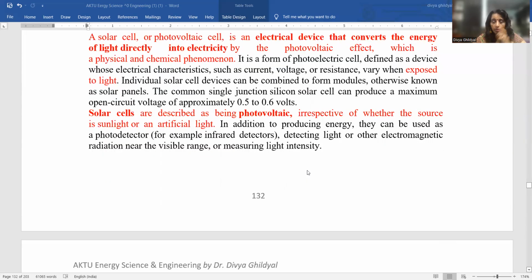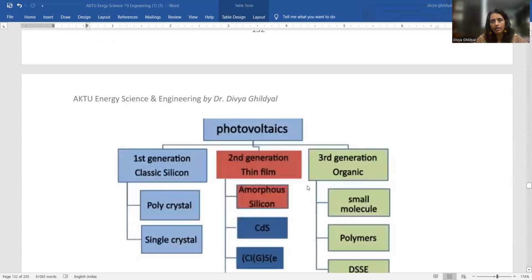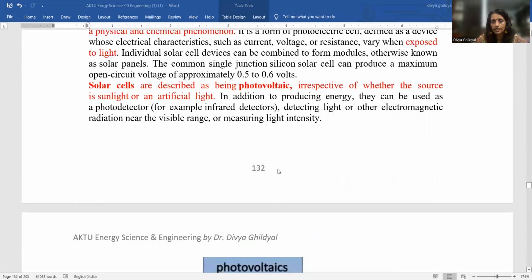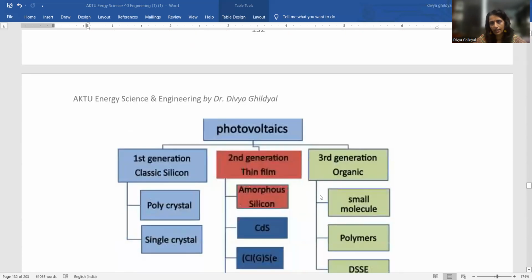In addition to producing energy, they can also be used as a photodetector, detecting light or any other type of electromagnetic radiation like the visible region, ultraviolet, etc. The photovoltaics are responsible for my solar cells. Solar cells are described as photovoltaic irrespective of the source being sunlight or artificial light.